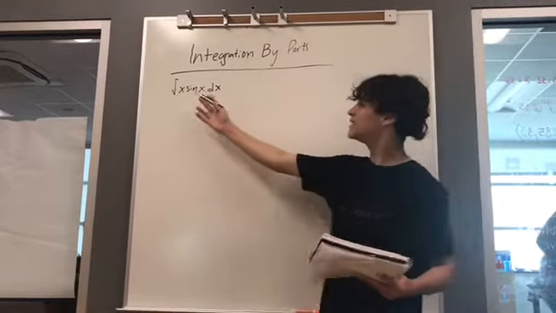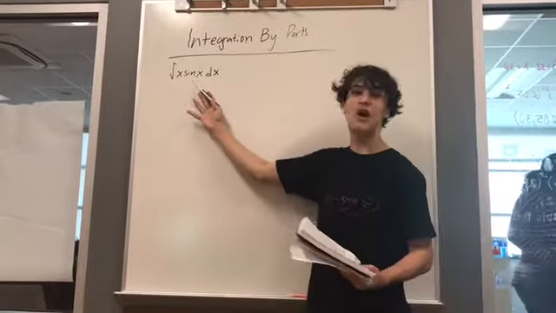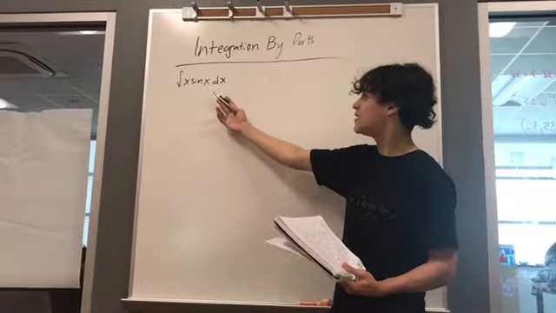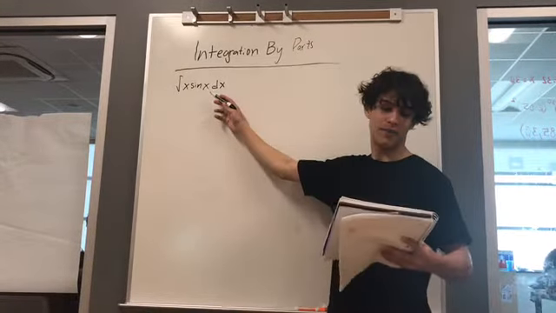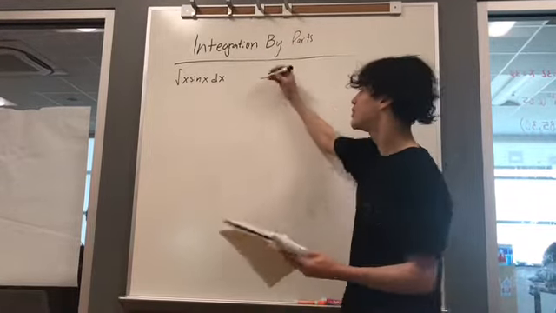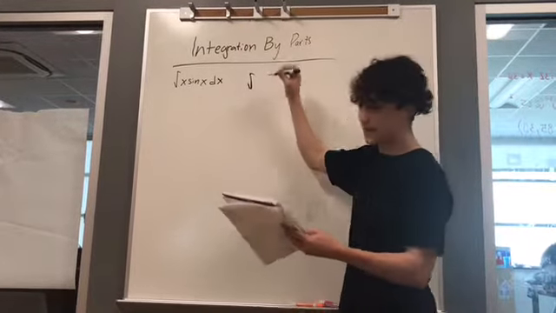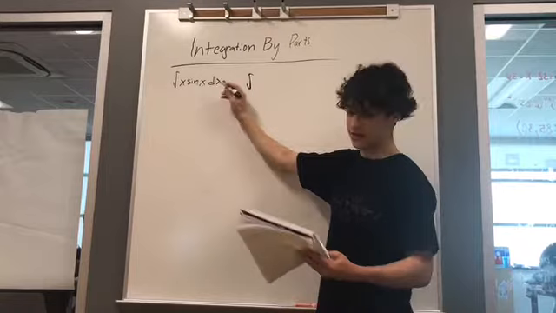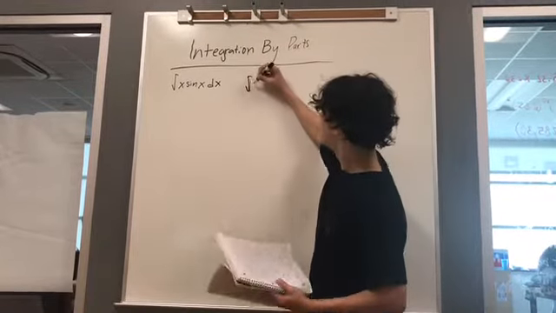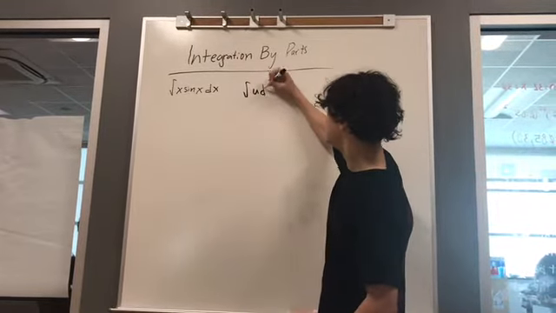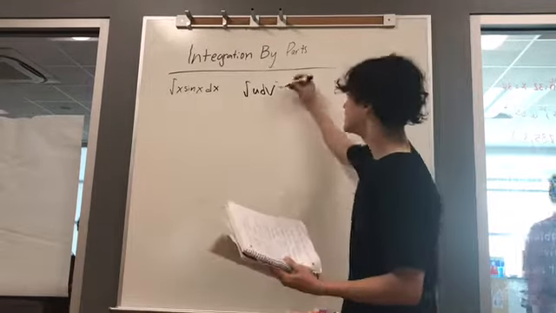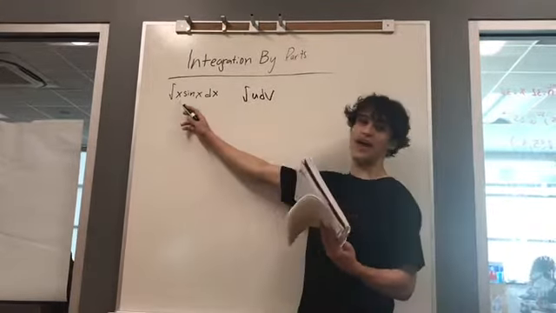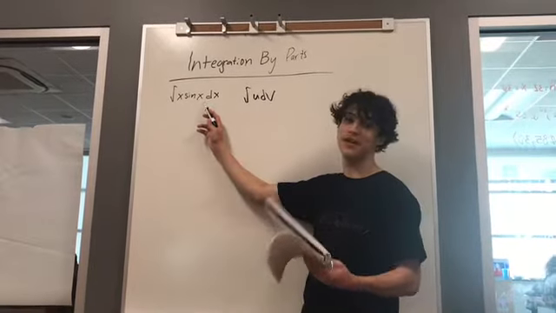If we look at this, at the very core, it's just x sine of x. So we can model that situation with this basic rule. If we look at this as u dv, let's say that the x could be the u and the sine of x could be the dv.